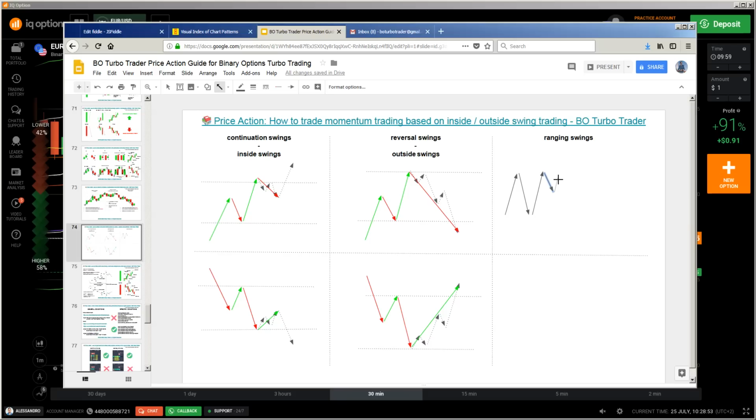So let me draw this here. This up, down, that is the typical movement which you know from the swings. It's up, down, because price doesn't move to any level directly. It will almost always move in this kind of zigzag.